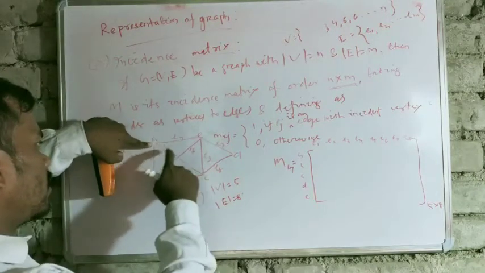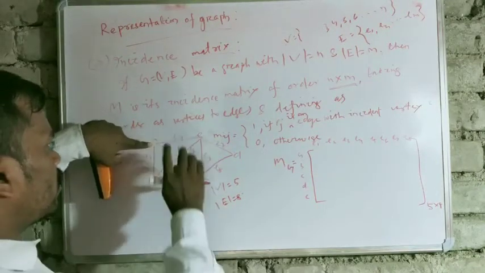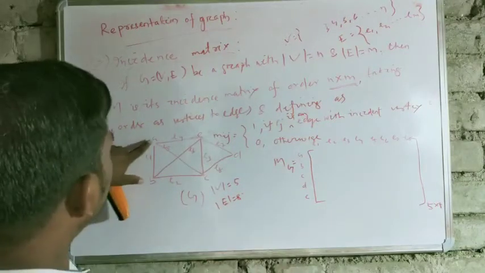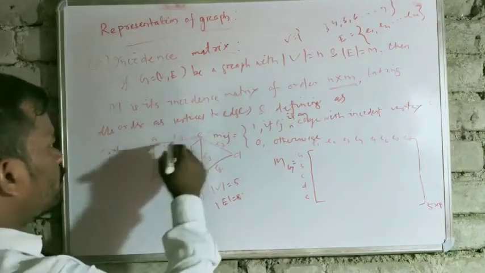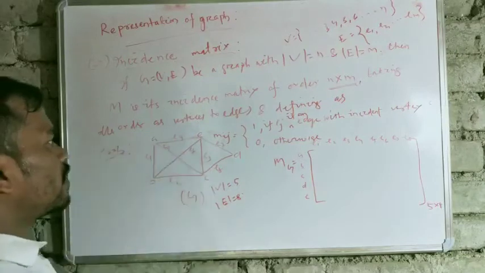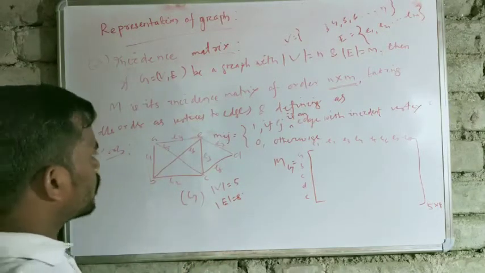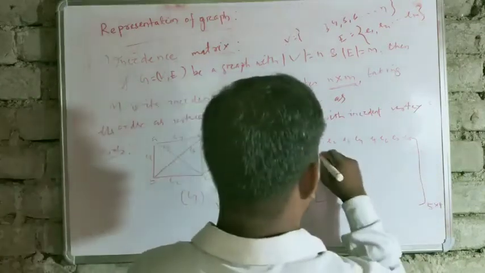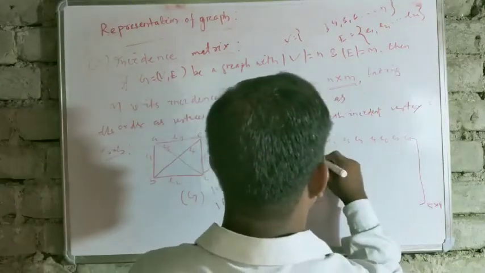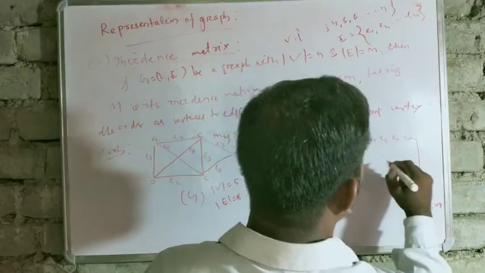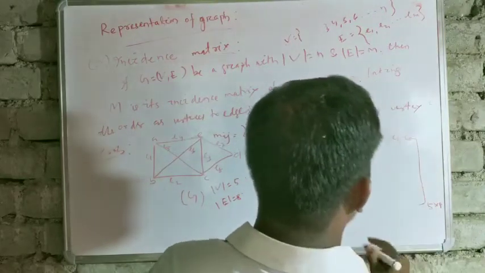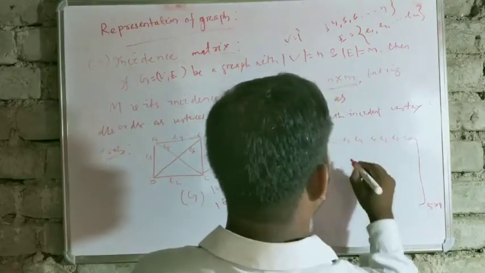Only E1, E4 and E5 are connected to this vertex, so E1, E4, E5 will give 1, and for the others we will give 0.